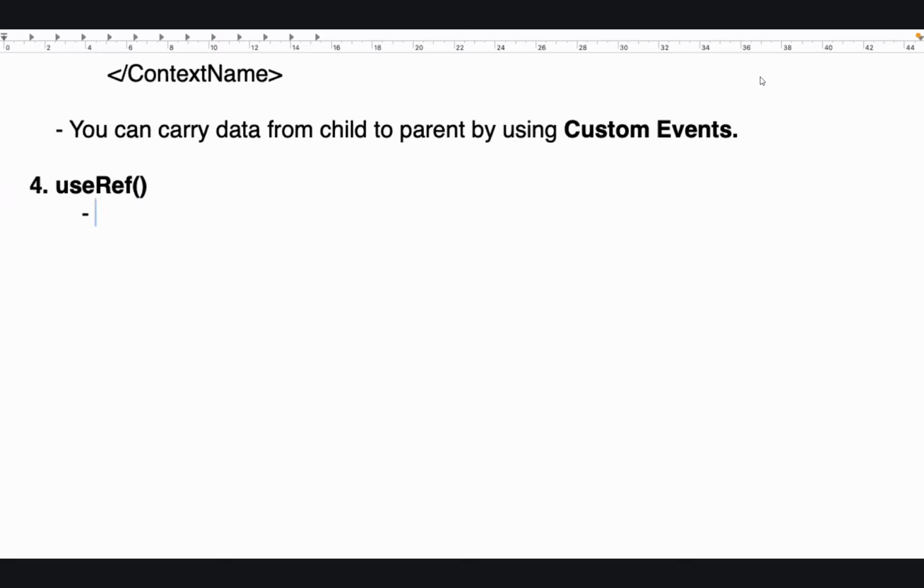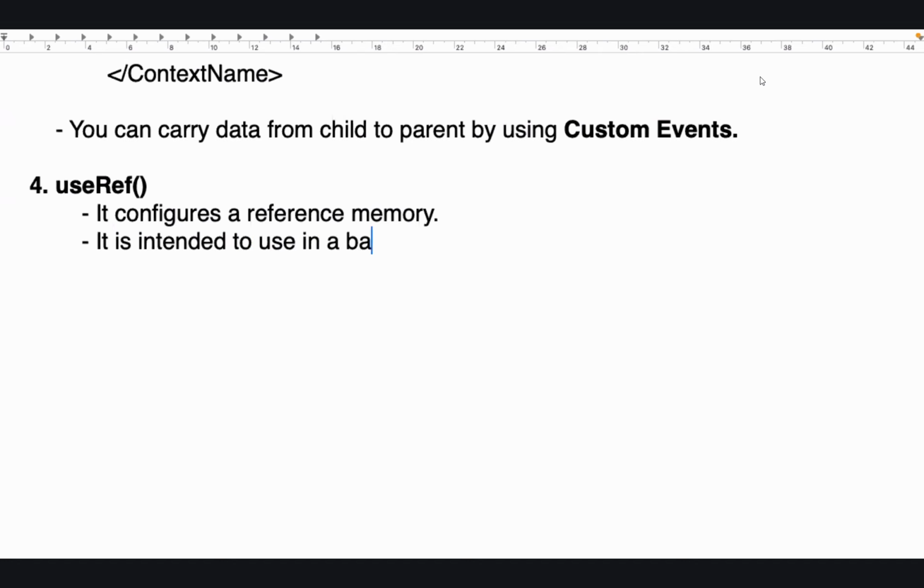Here also I explained the point in detail. So what is this? It configures a reference memory. It is intended to be used in a process, in a background process.